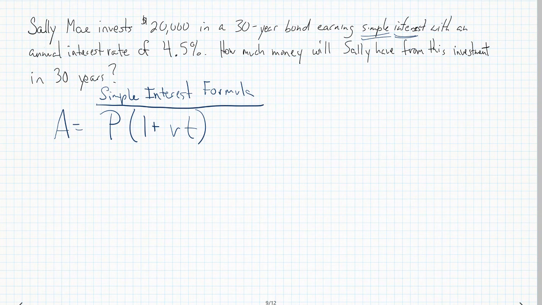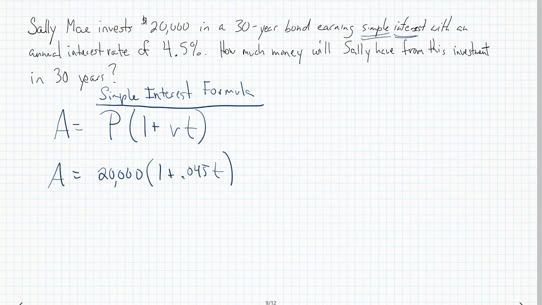Now notice here first we get A equals, our P is 20,000 in this case, and we go 1 plus, our R is 0.045. Now I know we can plug in T, but I'm going to leave it as T for now.